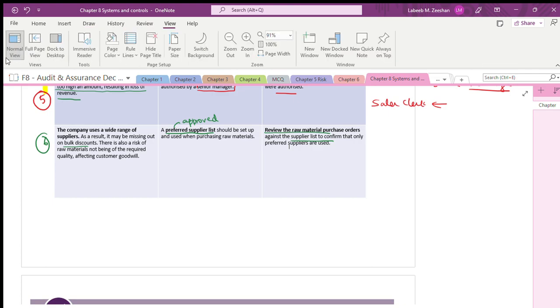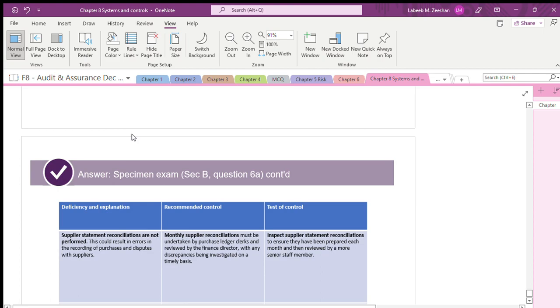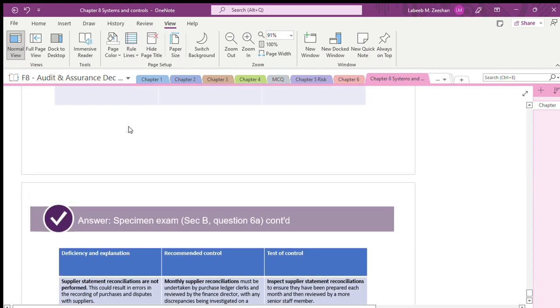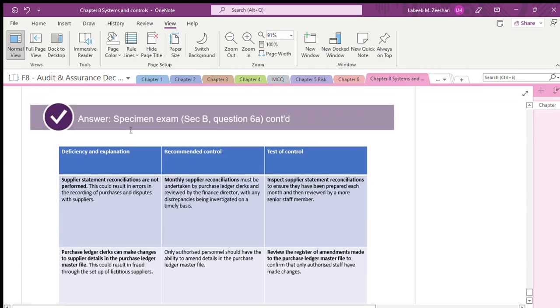I'm just telling you, I'm not visualizing what they have written. You can write in your own words. Now, it says point number 7 and point number 8.